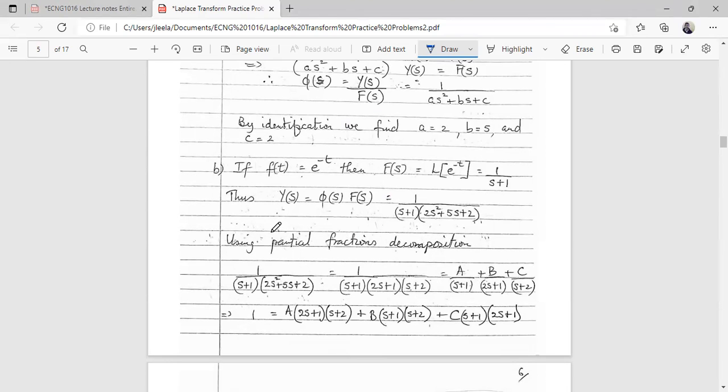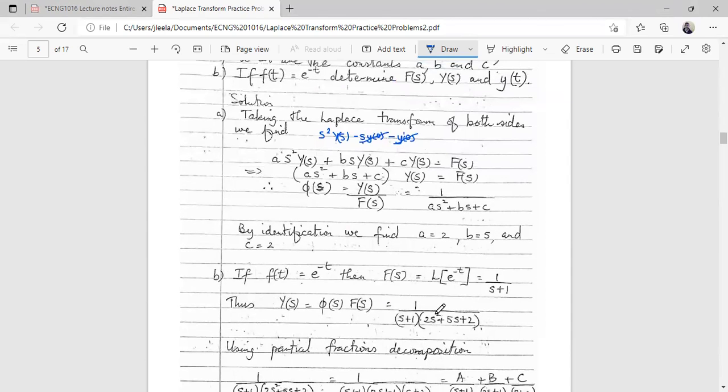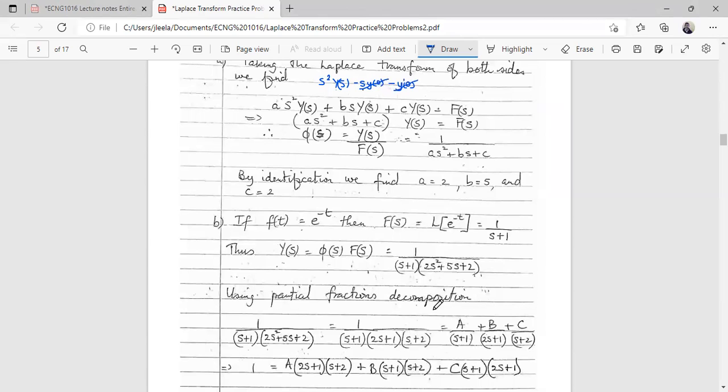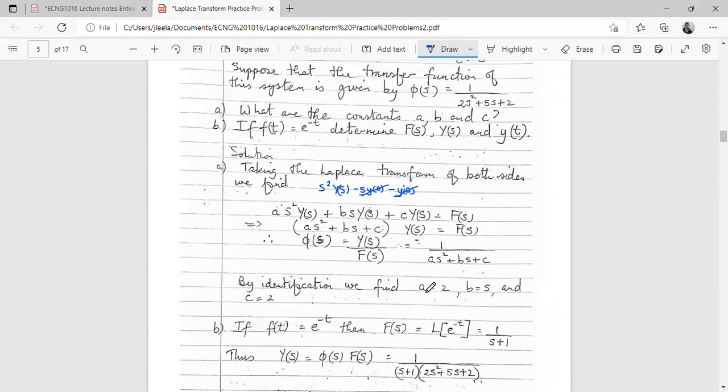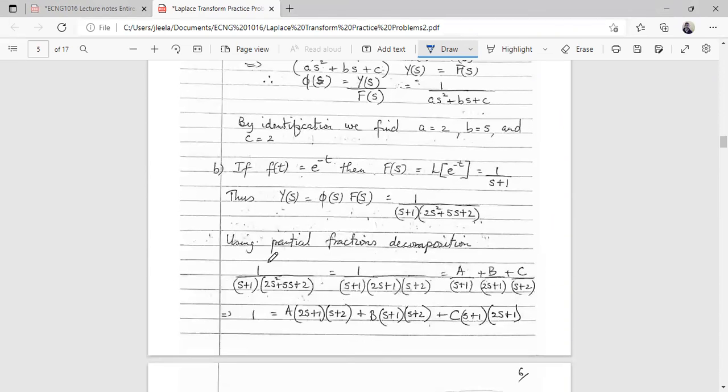Right, so now in order to find your Y(s), we have our Y(s) here, but remember we want to work out the inverse, so we want the y(t). So we have to decompose this into partial fractions. Remember the rule here. The 2s squared plus 5s plus 2 could be factorized into 2 simple factors, 2s plus 1 and s plus 2. So you basically have 3 simple factors in the denominator here.